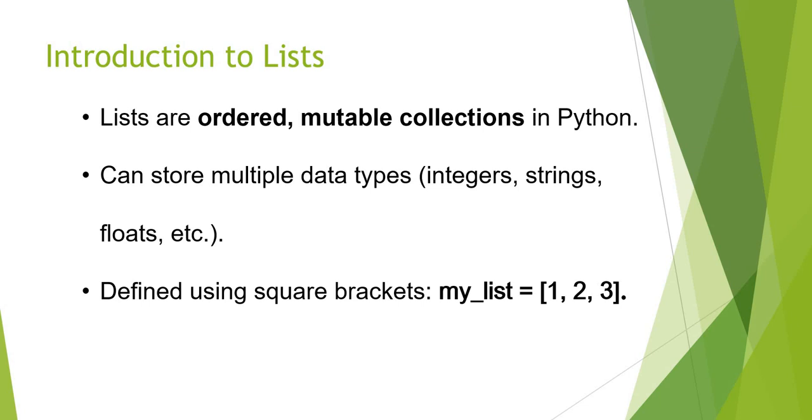You give a normal variable, equate it using the equal to operator within square brackets, comma separated values. We ensure it is a list of items.